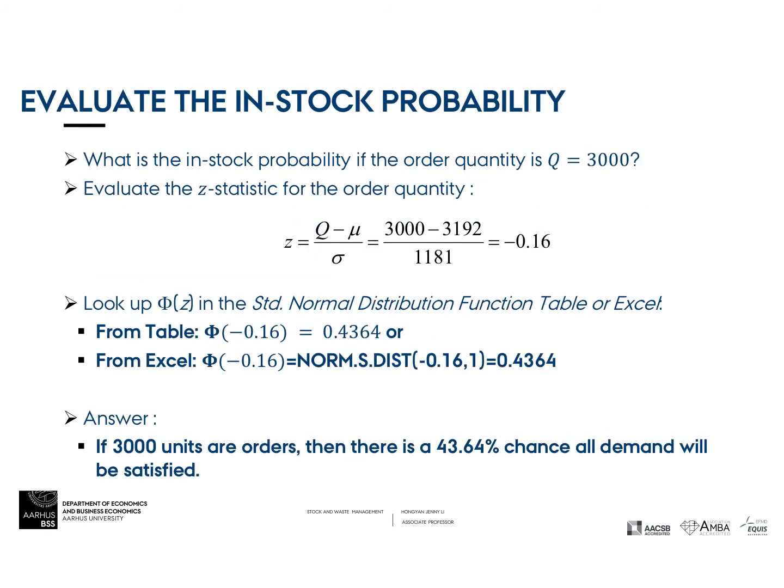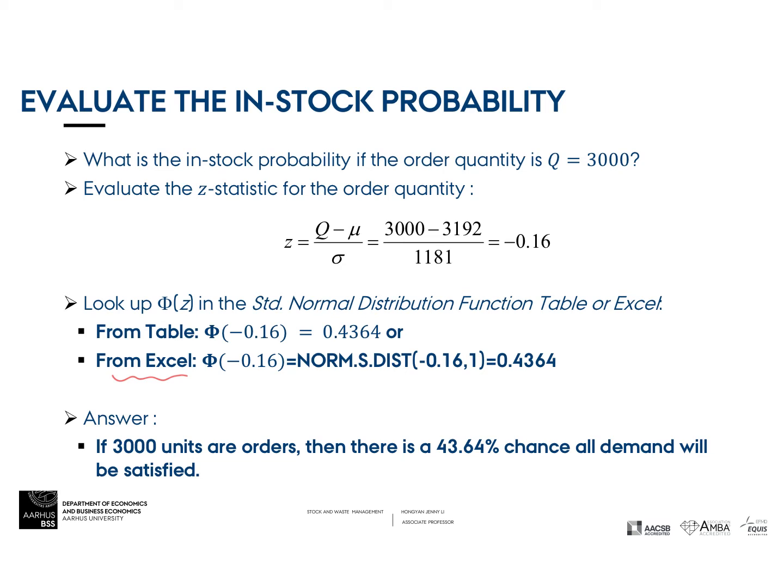Now let's try to evaluate the in-stock probability. The question is: what is the in-stock probability if the order quantity is 3000 units? The steps are: first you can try in Excel. Here in Excel you can directly find the distribution values.